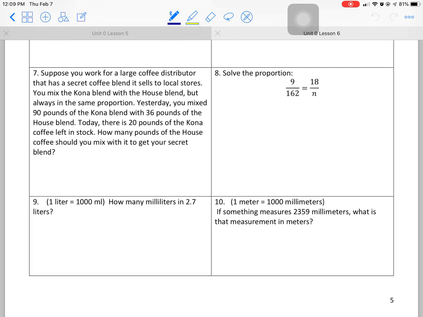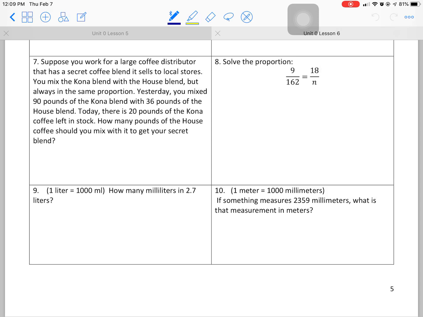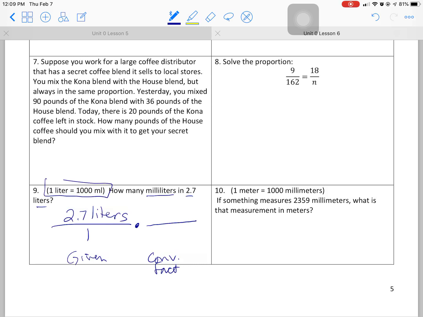Okay, so let's try these other ones. Let me go to the bottom for a second and do the conversion factor ones. Right here, it says how many milliliters in this many liters. So they're given 2.7 liters. Put that over 1. Put a multiplication sign. So this is the given, and then the conversion factor, they said, is right here.